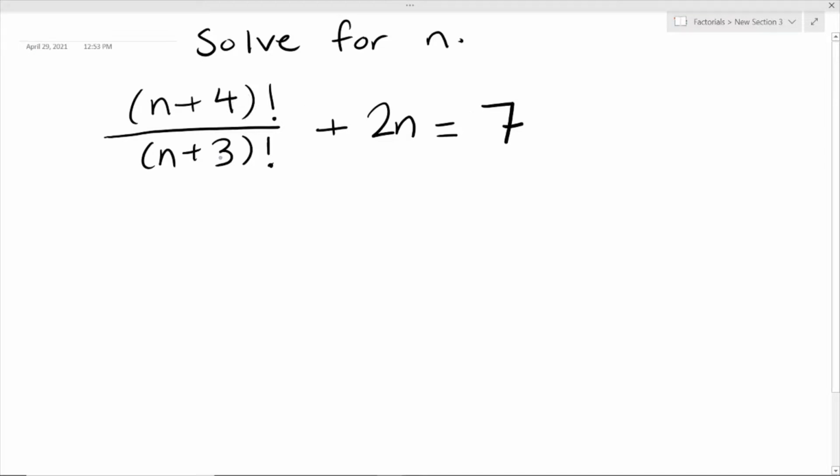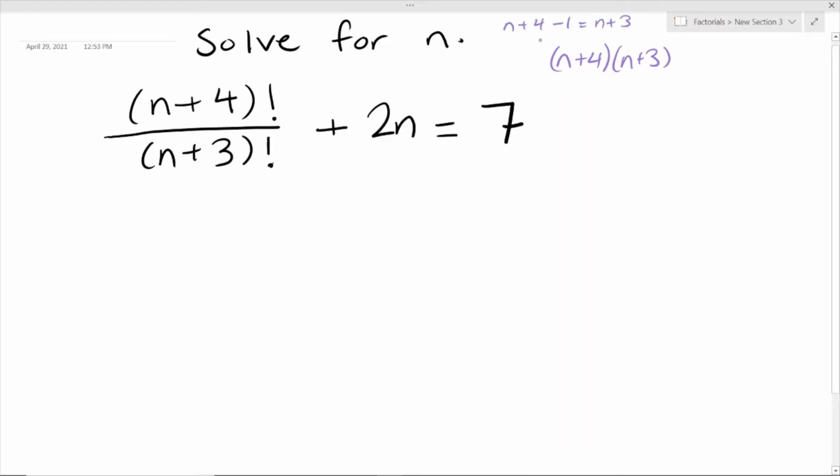Now, the trick to do this is to simplify the factorials just like before. We know that n plus 4 factorial is the same as n plus 4, times n plus 3, because n plus 3 is 1 less than n plus 4, because if you do n plus 4 and you subtract 1, you're going to get n plus 3.